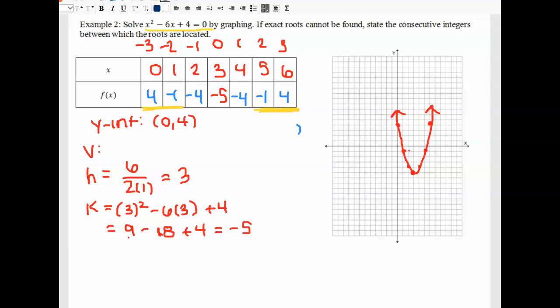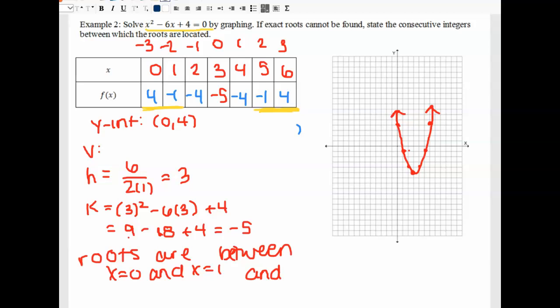So my roots are between x equals 0 and x equals 1, as well as between x equals 5 and x equals 6. So we can see that both from the graph and the table.